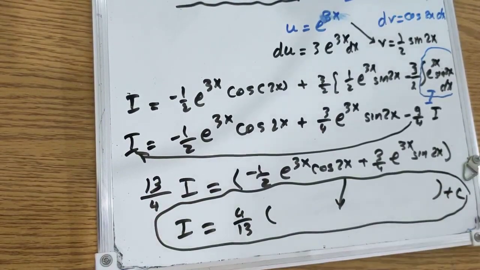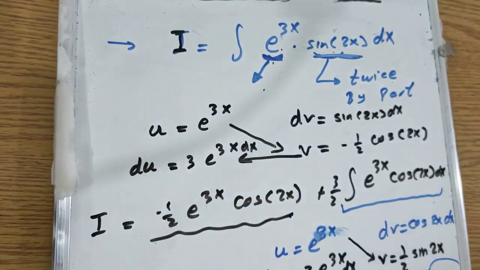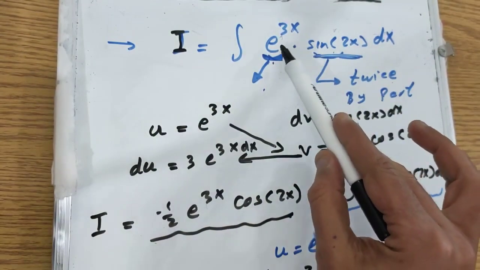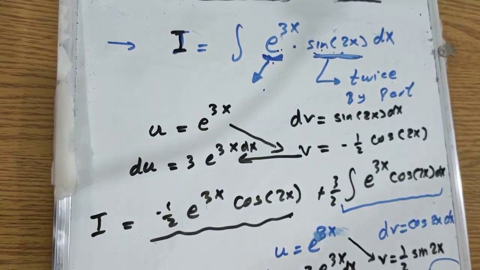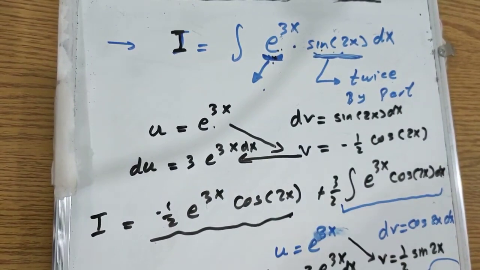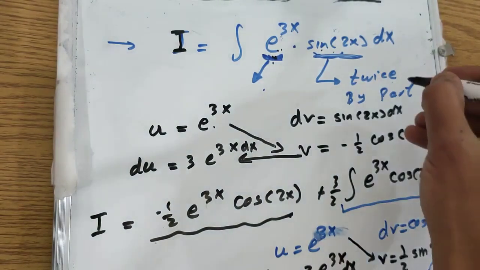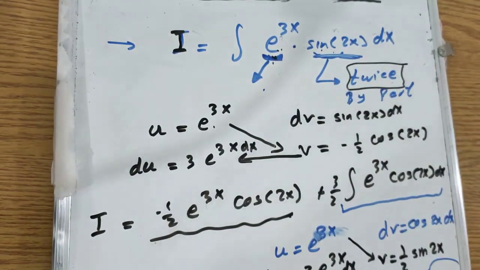So we use integration by part to evaluate this integral I, because this integration is a product between an exponential function and the sine function, and the exponential function will keep its form after derivative infinite times, and the sine function will return to its form after derivative or integration twice.